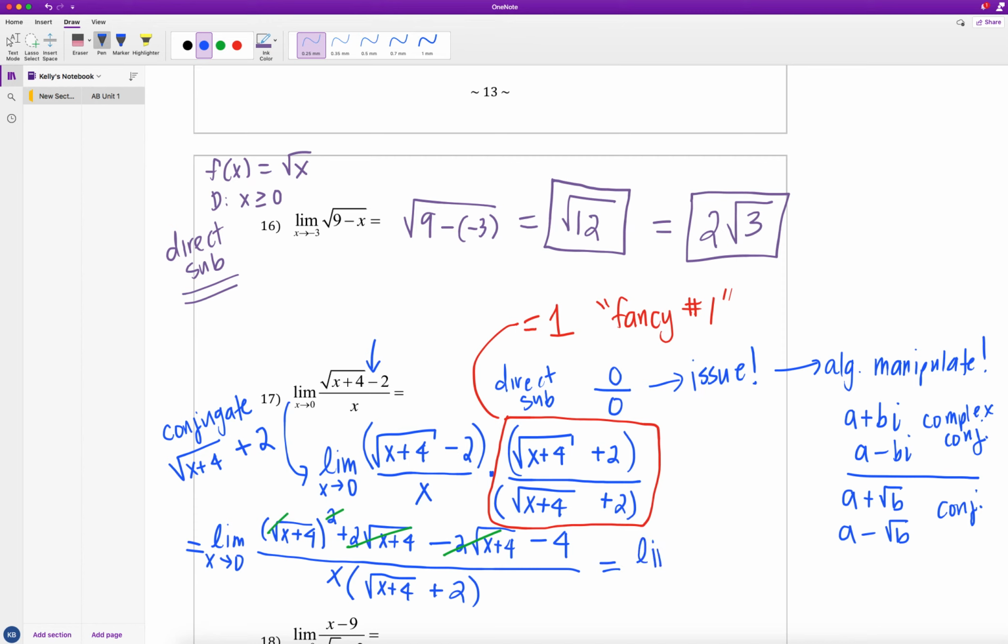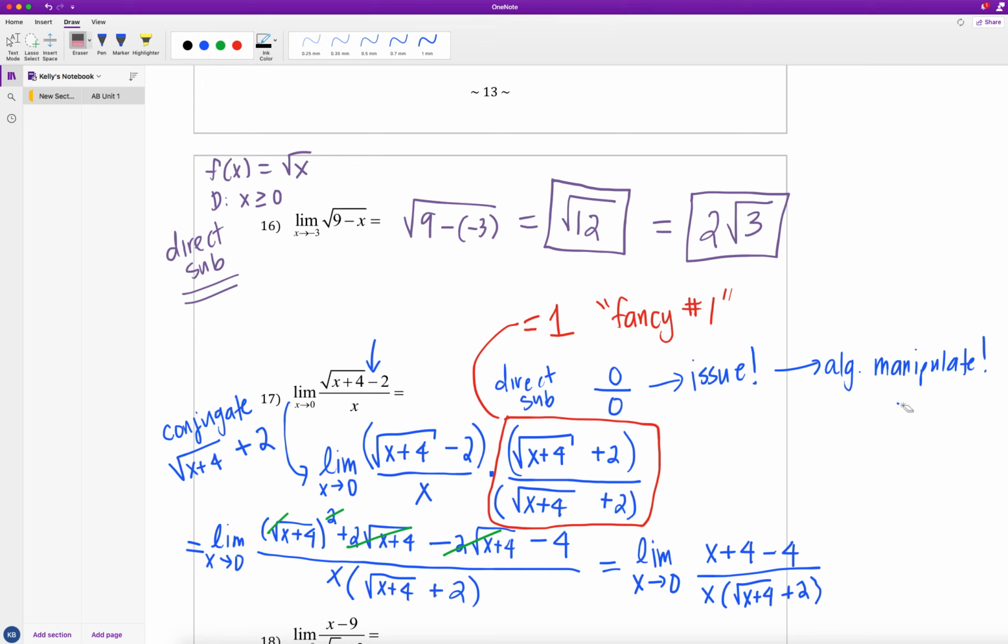So in our numerator, I still have my limit in front of this entire thing since I have not taken a limit yet, and I'll have the limit of x plus 4 minus 4 all over x times the square root plus 2. Just so that I have enough space, I'm going to erase our little review over here.